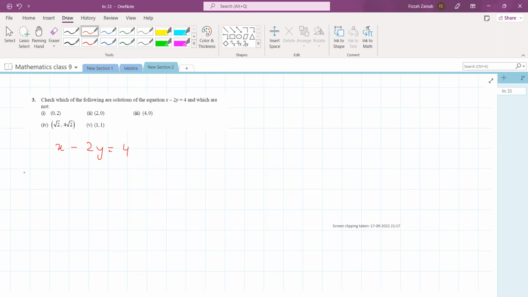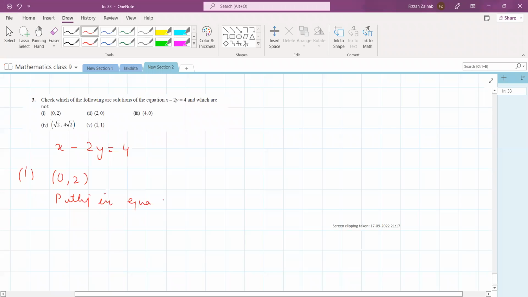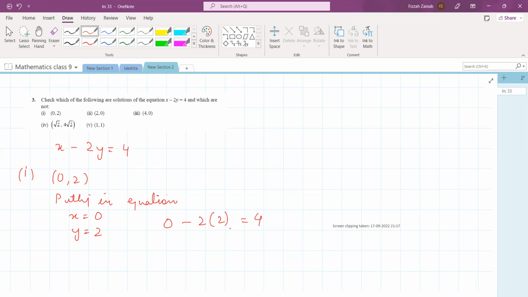Okay. The first part is this, (0, 2). So putting in equation, you get x is equal to 0. (0, 2) means x is equal to 0 and y is equal to 2. So now you put this in your equation. So you get 0 minus 2 into 2 is equal to 4, correct? Am I right?